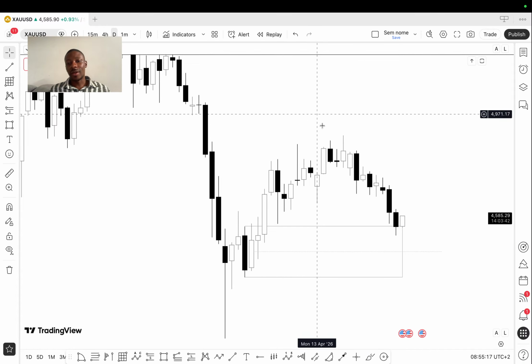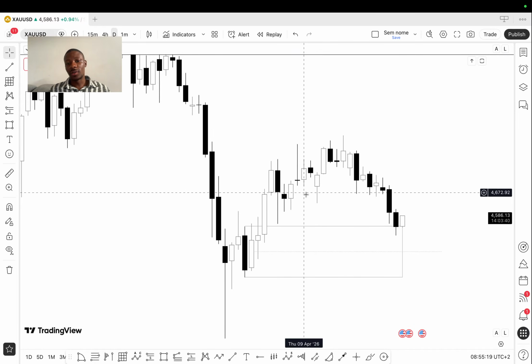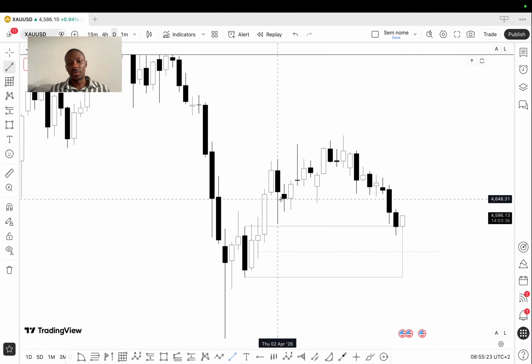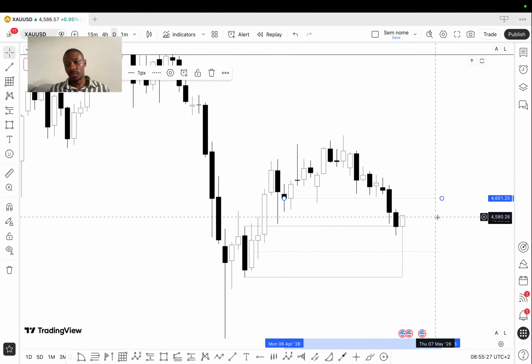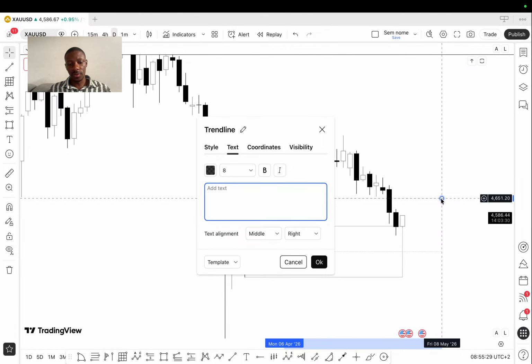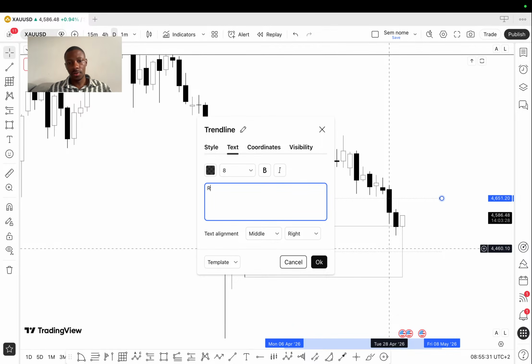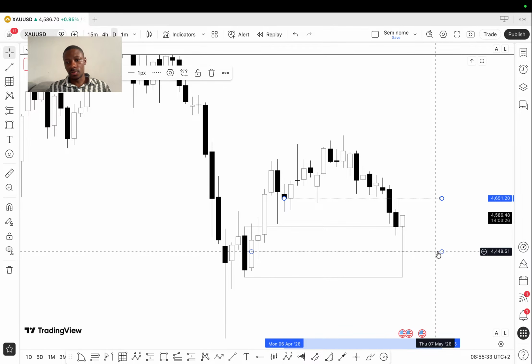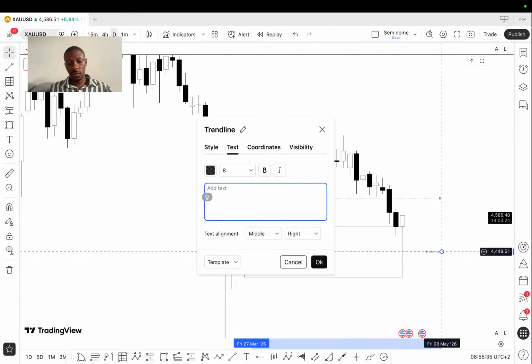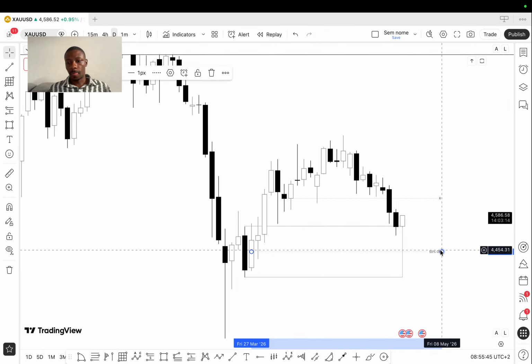Now let's look at where it is heading to. So initially on the daily time frame, this is going to be our initial resistance level. Okay, so this is going to be initial resistance. I'll just put an R here. This is going to be the 50% of the OB.